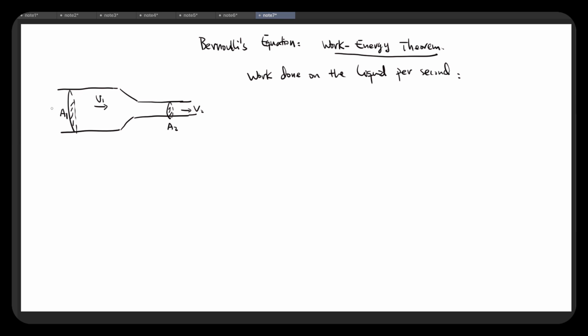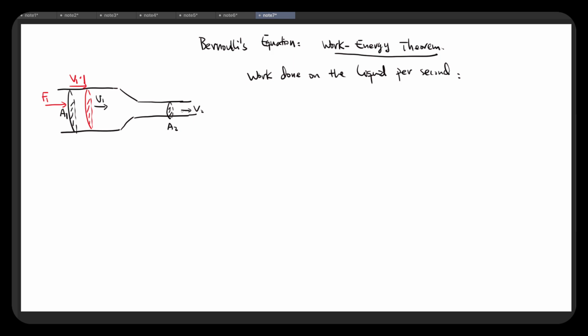Now let's look at the larger tube. On the left side, there's a force F1 pushing the liquid, and the liquid is going to move, in 1 second, this distance under the force, distance V1 times 1 second. So that's the distance moved under the force F1.